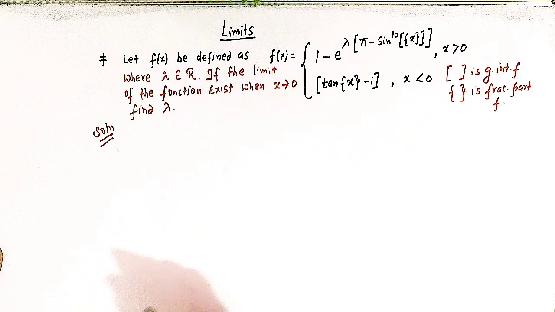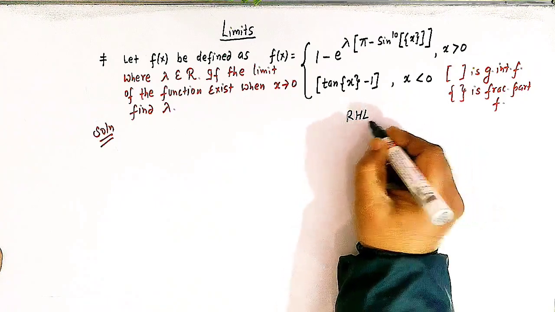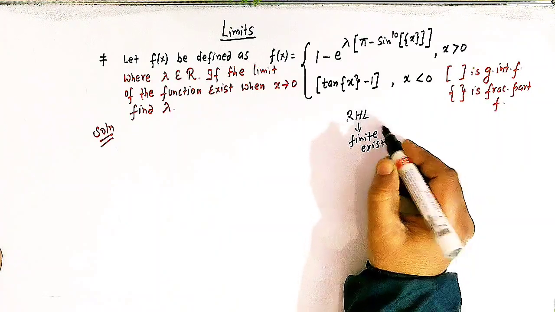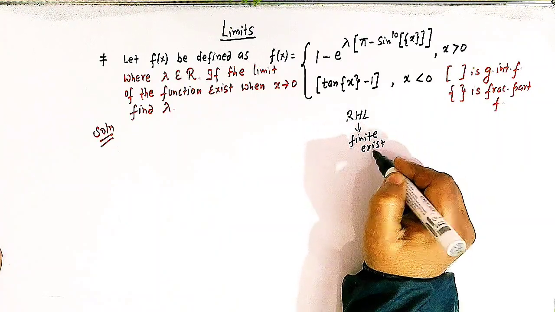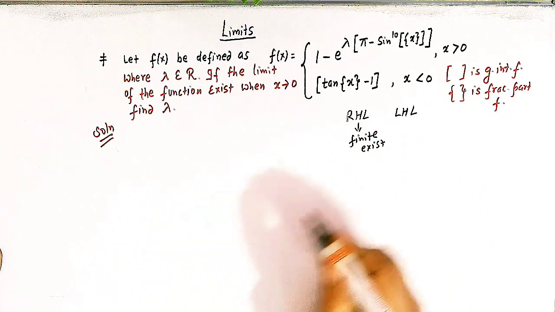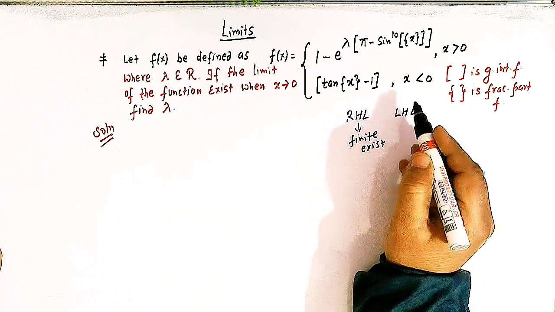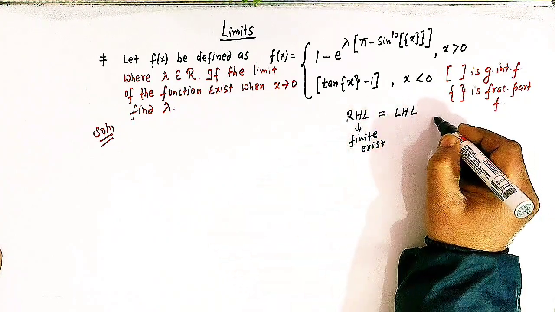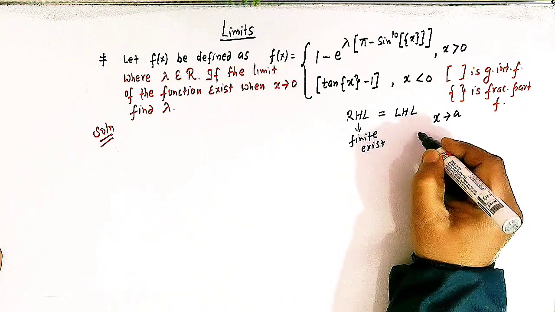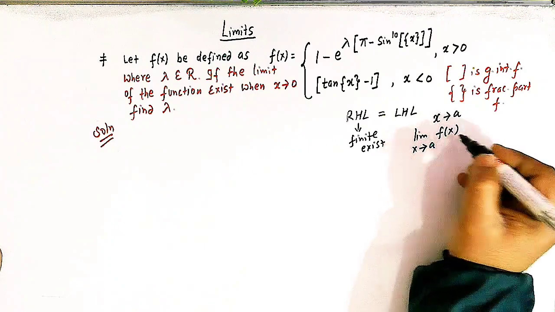We know that the limit of a function exists if the right hand limit is finite and exists, and the left hand limit also exists and is finite, and moreover if both the limits, that is RHL and LHL, are equal to each other at some point x is equal to a, then we can say that the limit of the function when x tends to a exists, right?